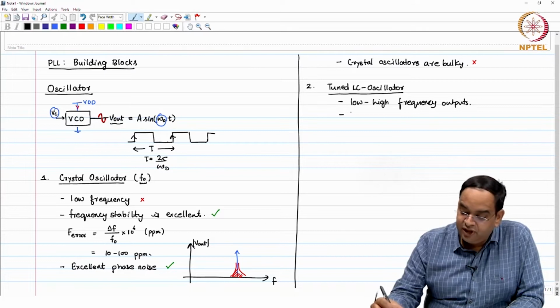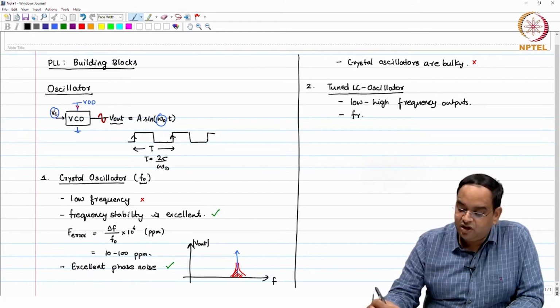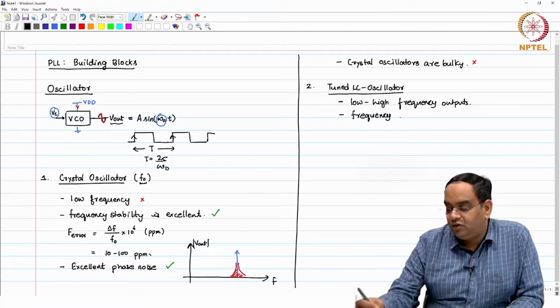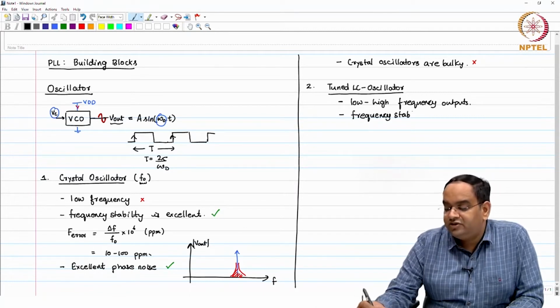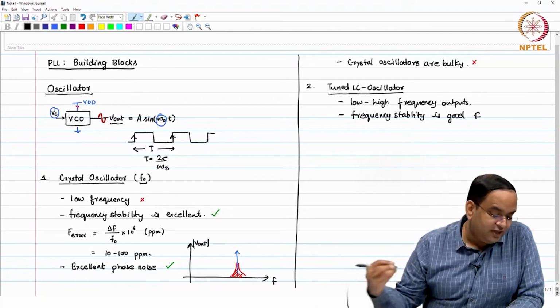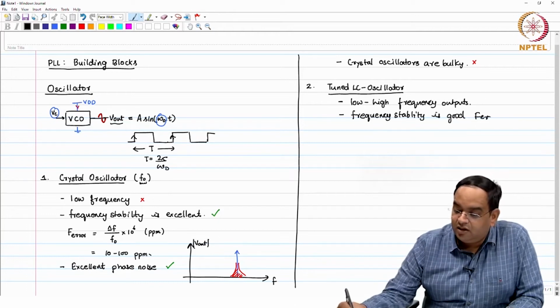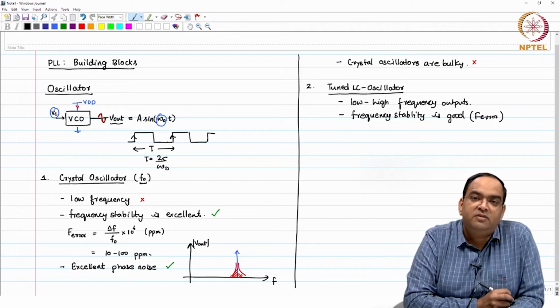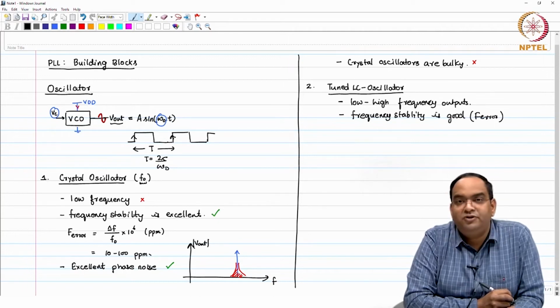The other thing is frequency stability is not excellent, I would say, but frequency stability is good. So, it is going to vary, there is no doubt about it. So, your frequency error will actually be large. It can vary from 100 ppm, depending on the values, up to 1000 ppm in general.